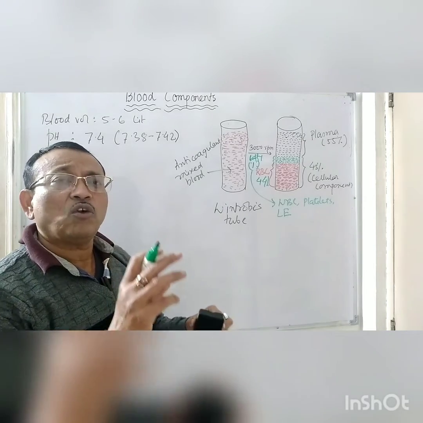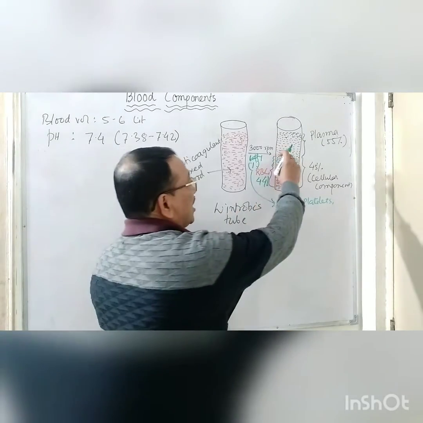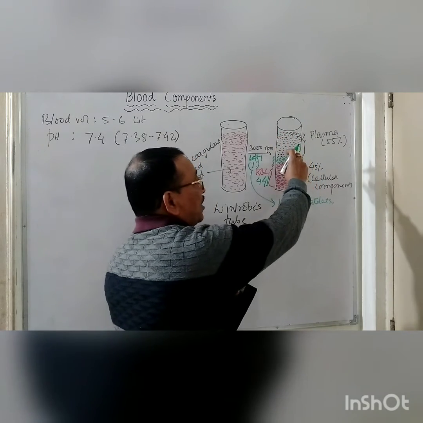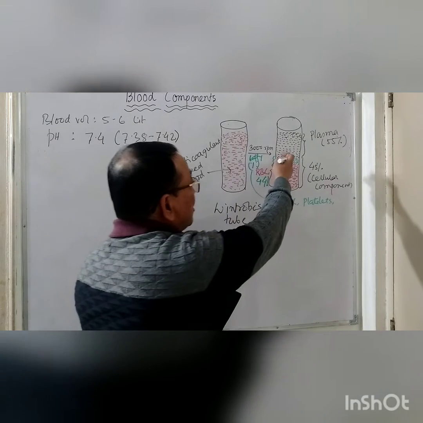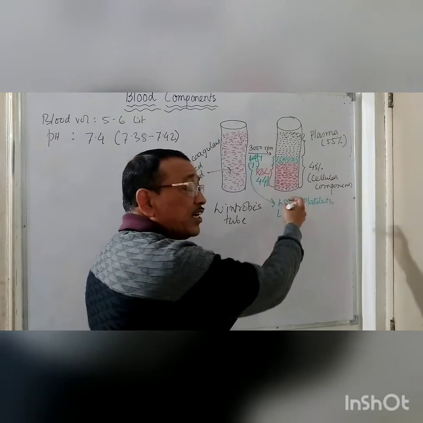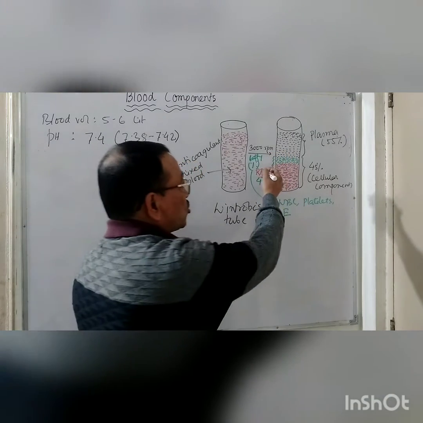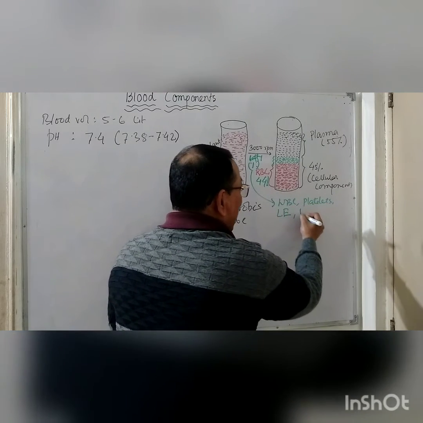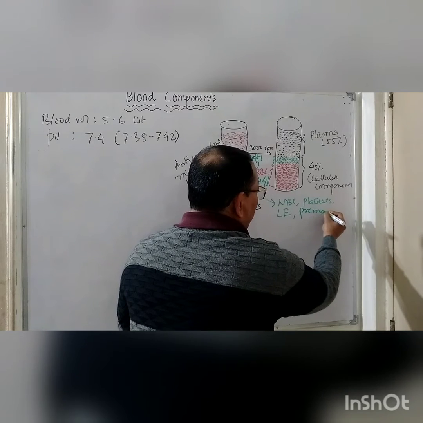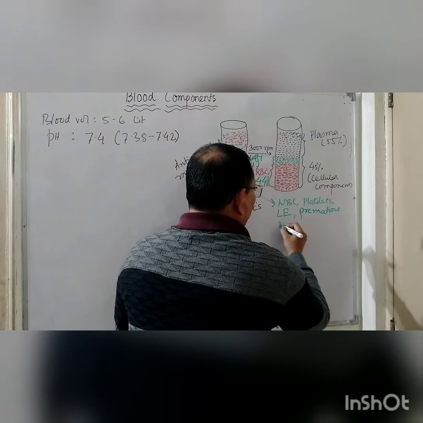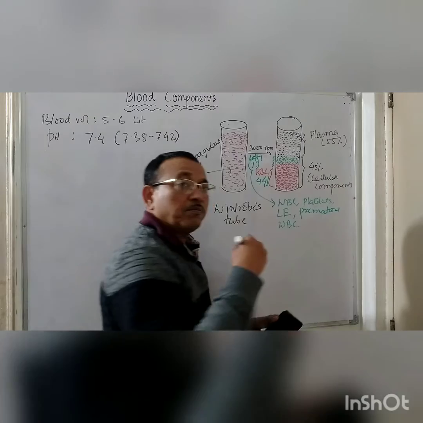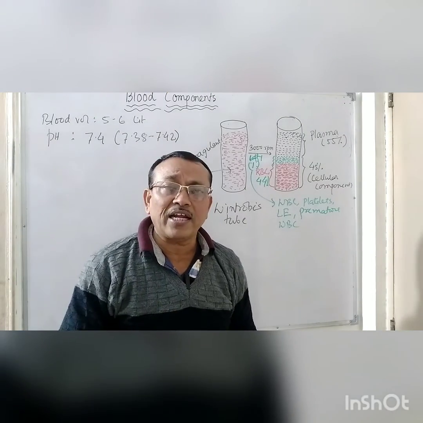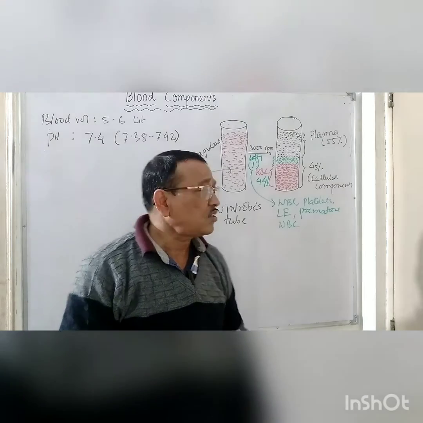So these cells will be increased, and as a result the thickness and amount of the Buffy layer will be increased. So this is the clinical importance of the Buffy layer, which constitutes mainly the WBCs, platelets, lupus erythematosus cells, and the premature WBCs, the numbers of which are maximum in pre-malignant and malignant diseases.